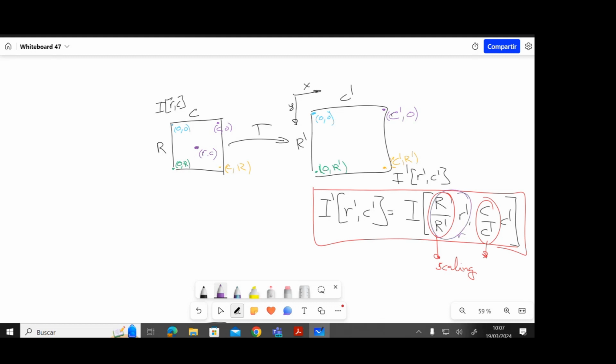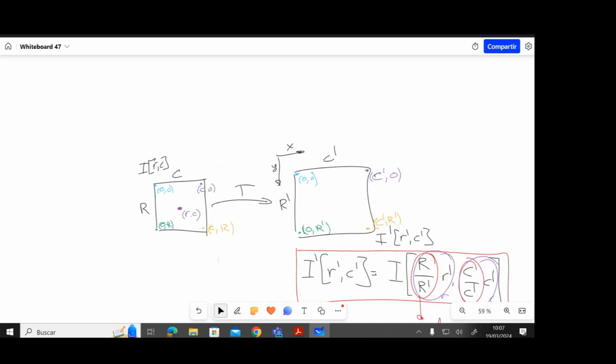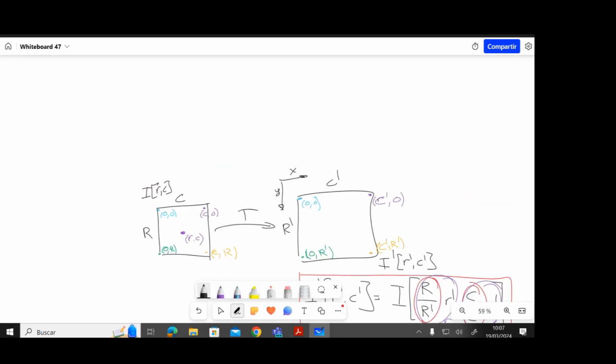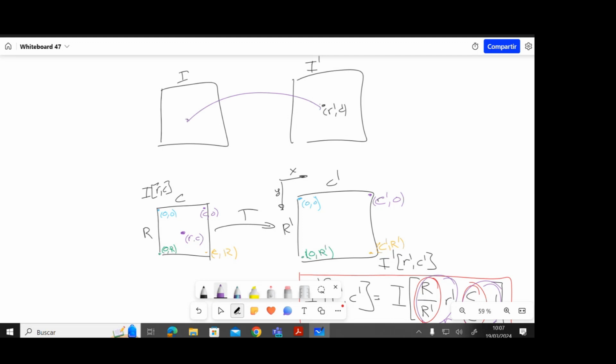This is R. This is C. So you take coordinates in the output space, multiply by something, and you have coordinates in the input. So what you have is a transformation. You have I, then you have a coordinate here, R prime, C prime, and you are applying the transformation. Find for every coordinate in the output where it is coming from in the input.